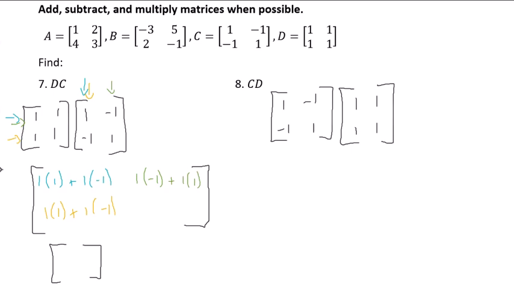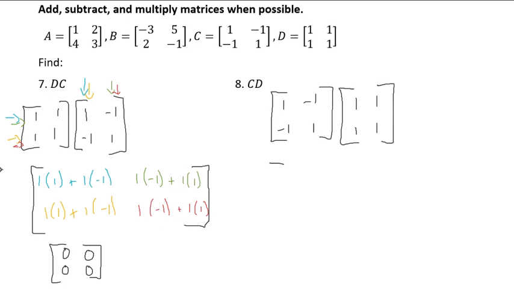And row 2, column 2 gives us 1 times -1 plus 1 times 1. And now when we simplify that, that's 1 and -1, which gives us 0. -1 and 1, which gives us 0. 1 and -1, which gives us 0. And -1, 1, which gives us 0.